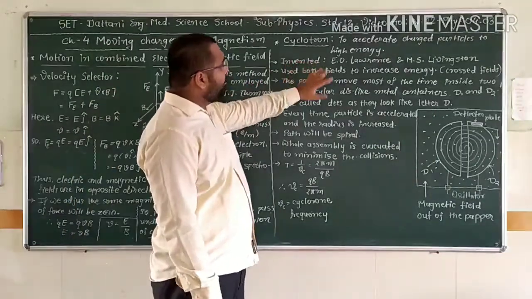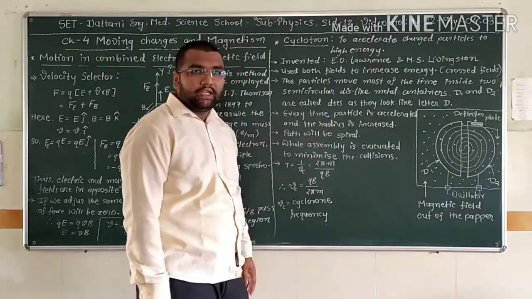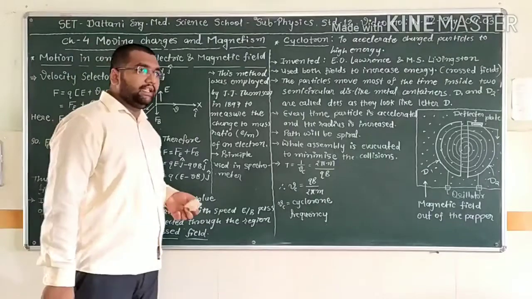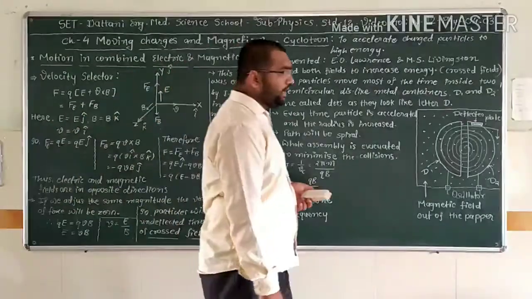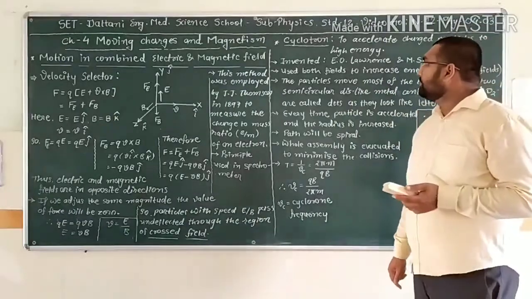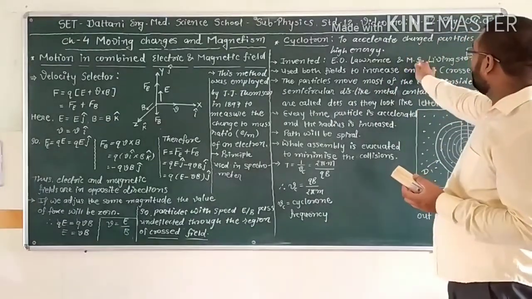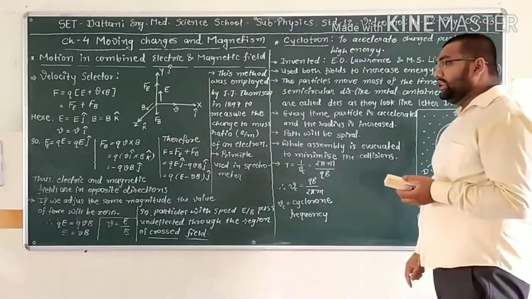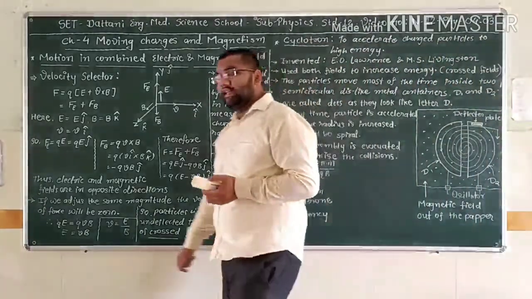The cyclotron was invented by two scientists, E.O. Lawrence and M.S. Livingston.